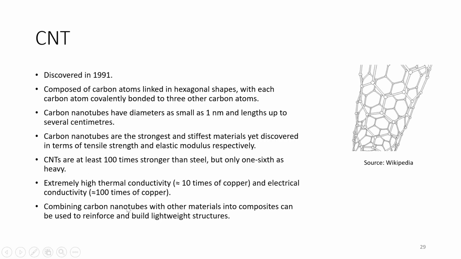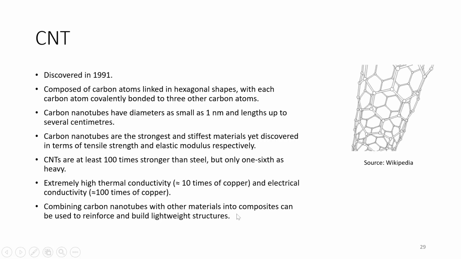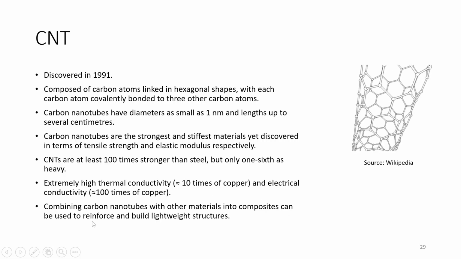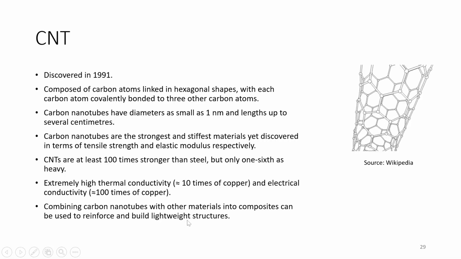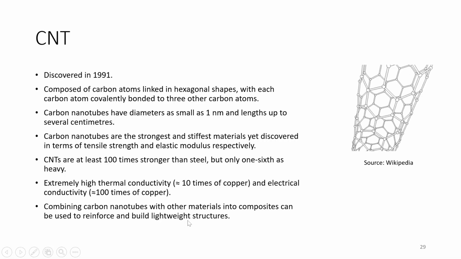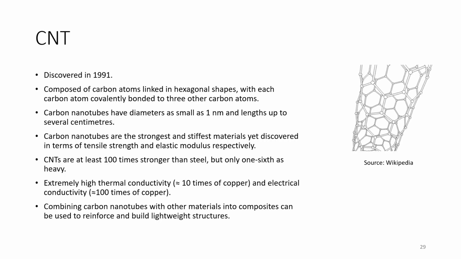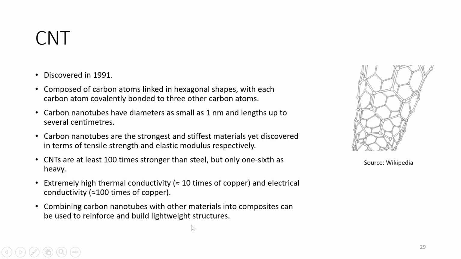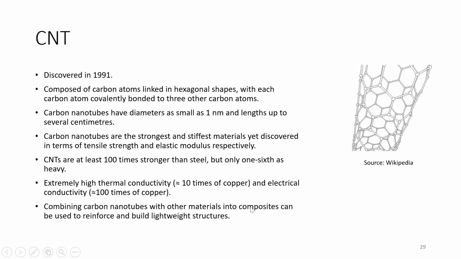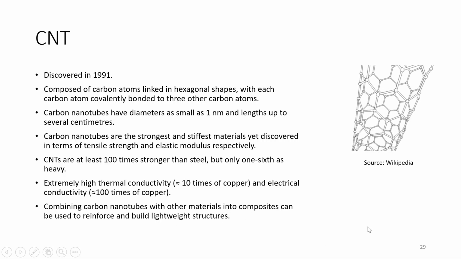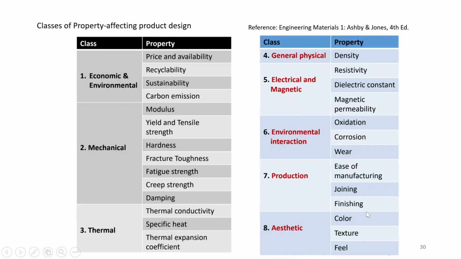Now, combining carbon nanotubes with other materials into composites can be used to reinforce and build lightweight structures. So these are used in reinforcing other materials as well. In case of metals also you can reinforce with CNTs.